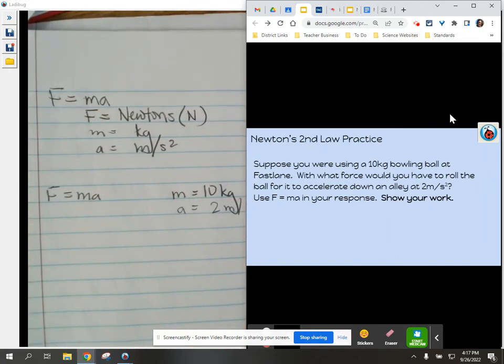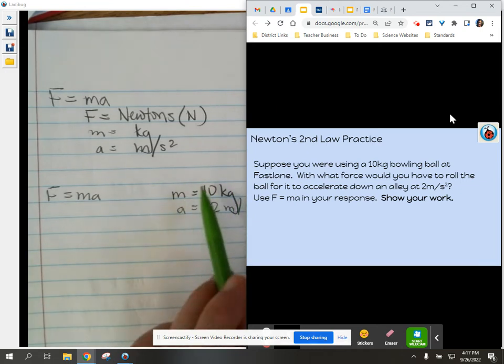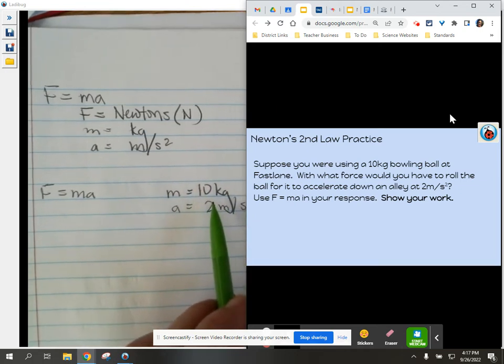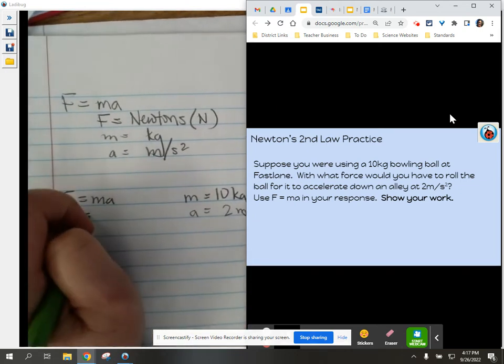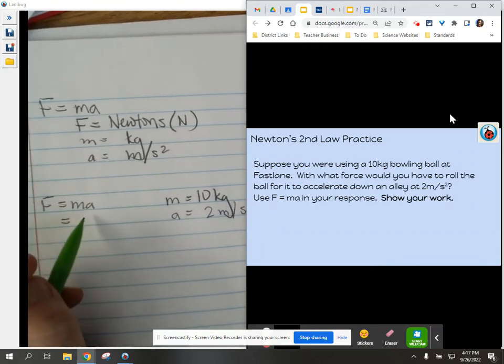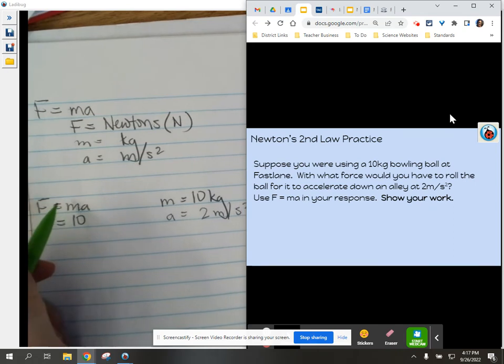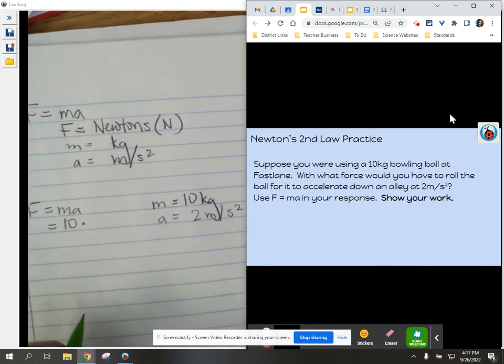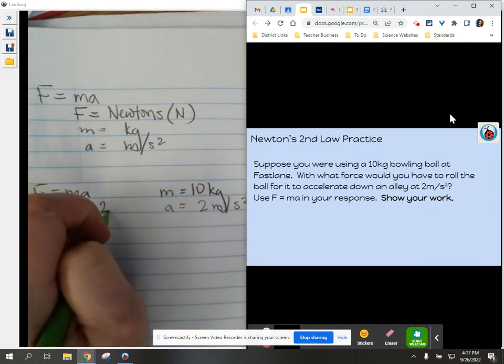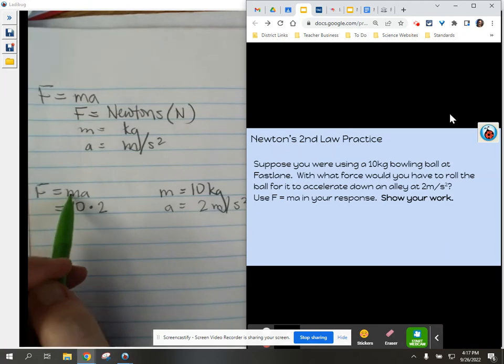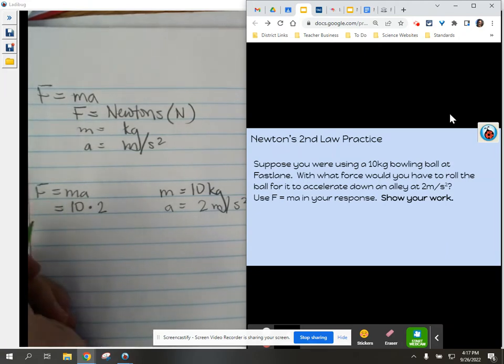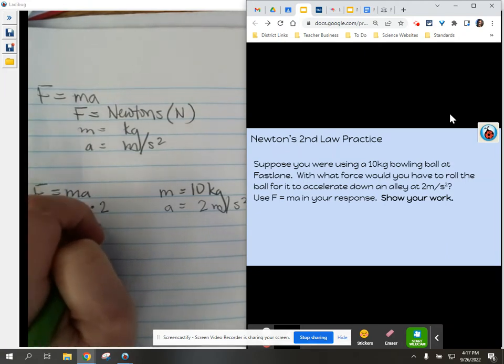So we are going to place these known values into our equation. So we know the mass, it's 10, so we're going to put that in place for the mass. And then we know the acceleration, it is 2. So when we multiply the mass times the acceleration, we get 20.